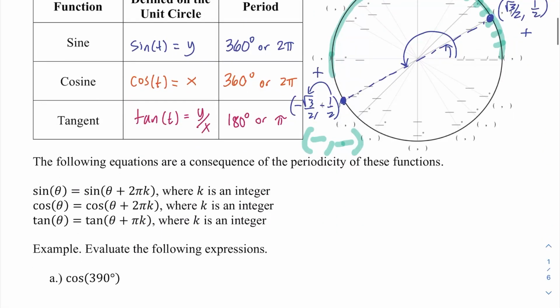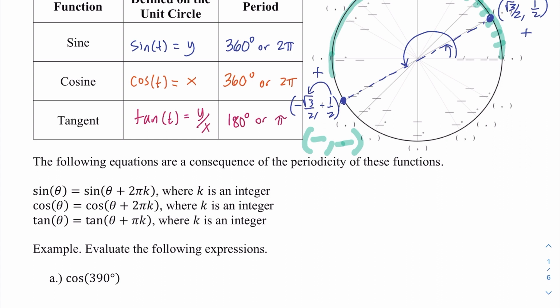So the following equations are a consequence of the periodicity of these functions. And so we have sine of theta is equal to sine of theta plus 2 pi k, where k is an integer. And these are written with radians in mind here, but we can also think of it with degrees as well.